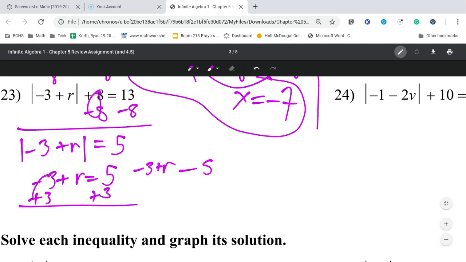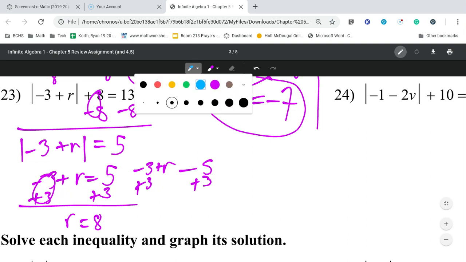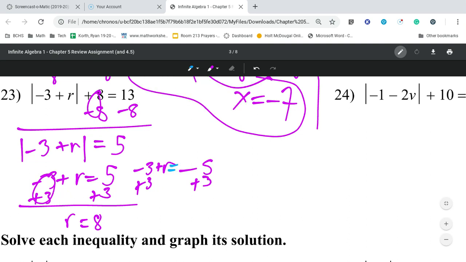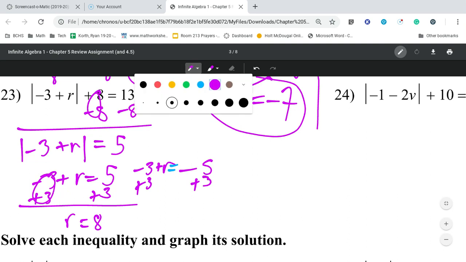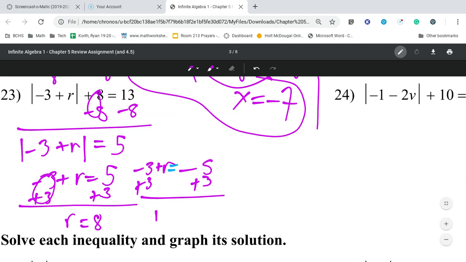Do not do something on the same side unless you're combining like terms. Add 3. I need an equal sign in there somewhere. I swear I tried to write an equal sign. R equals negative 2.